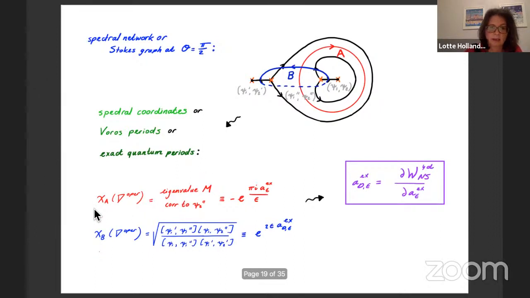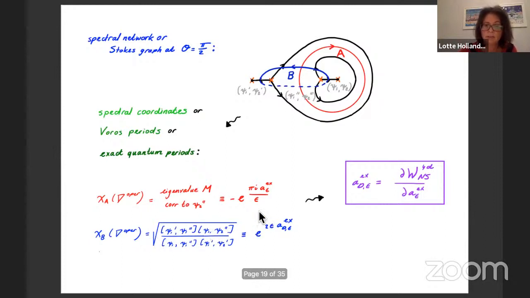So we find that the A period is just proportional to the eigenvalue of M, corresponding to one of the solutions, the solution psi2 double prime, and the quantum B period can be expressed by a square root of a ratio of Wronskians of these other solutions. Again, we find the square root because this is a critical phase, such that exactly at this phase we cannot do the abelianization or exact WKB, but we have to take this average.